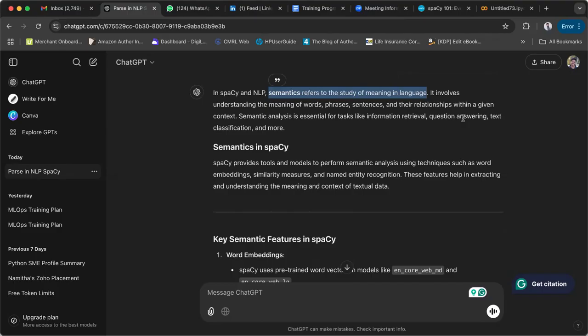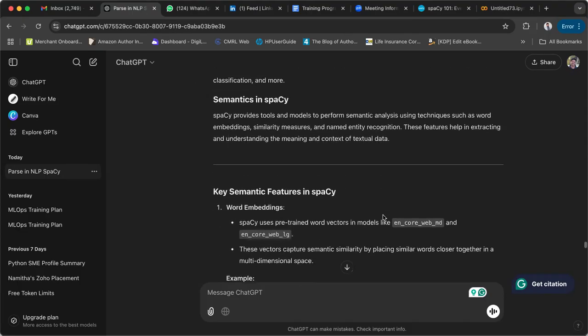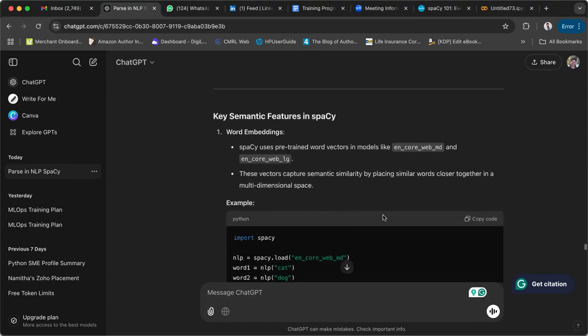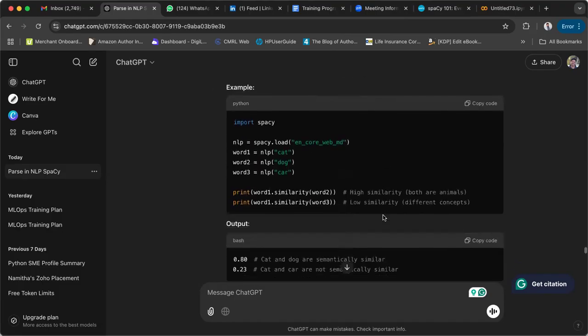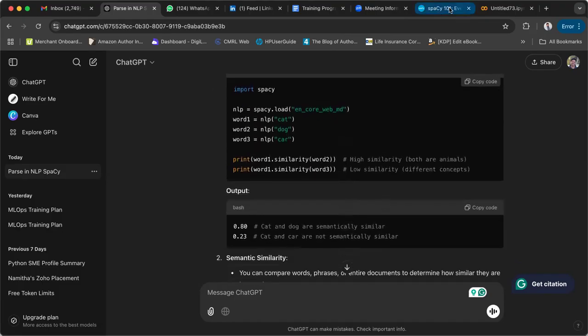There are still many opportunities for semantic search. It is actually a research field. It involves understanding the meaning of words, phrases, sentences, and their relationships within a given context. You can go and do a deep dive.